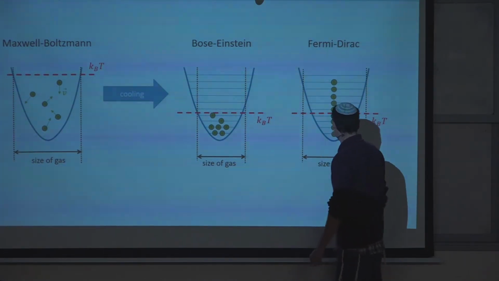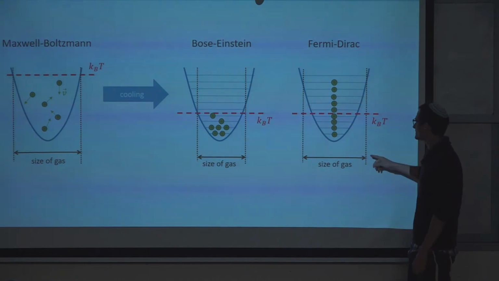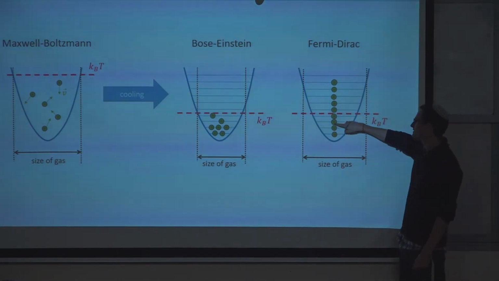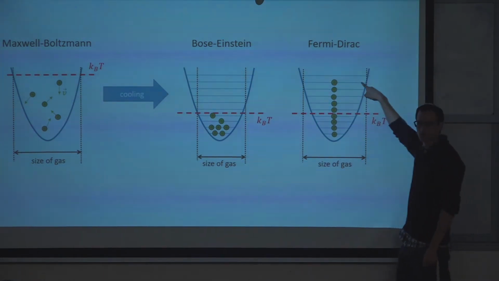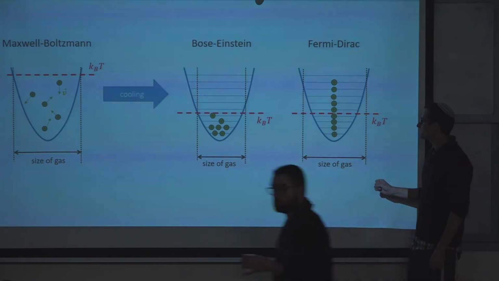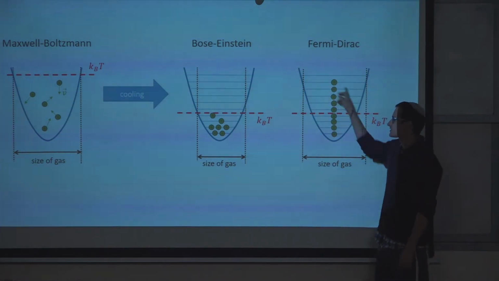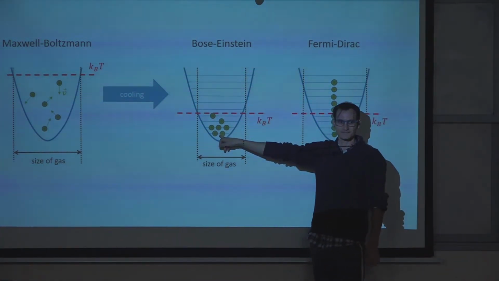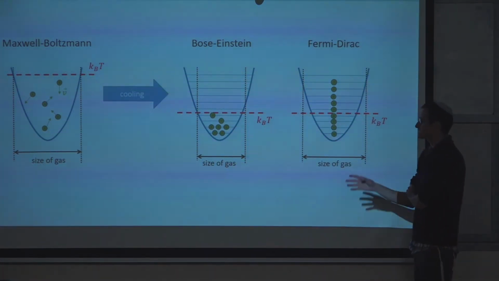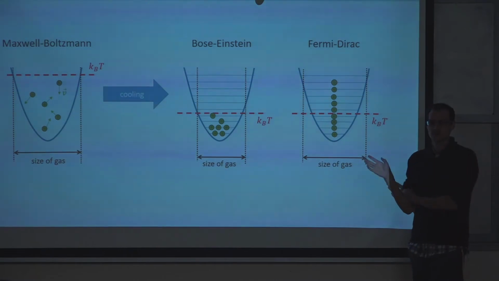On the other hand, if you're working with fermions, even though you lower the temperature, the number of particles will now give you the highest level, because you're fermions, by the exclusion principle. And the size of the gas will remain larger than in the case of the bosons. The important thing to stress here is that these are not interacting particles.